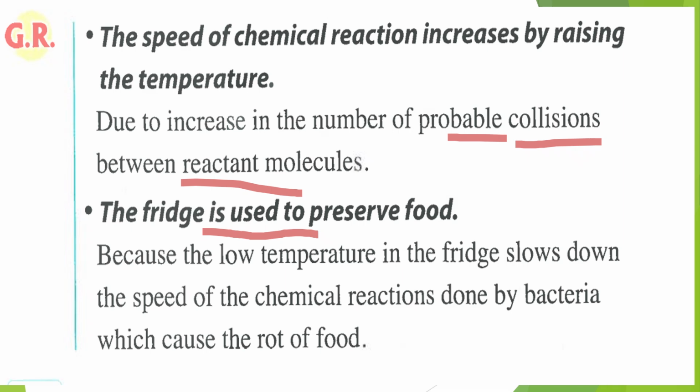The low temperature in the fridge will slow down the speed of the chemical reaction which the bacteria makes in our food. In the low temperature, the bacteria cannot do fast reactions on our food. So the answer will be because the low temperature in the fridge slows down the speed of the chemical reactions which are made by bacteria, which cause the rotting of our food.